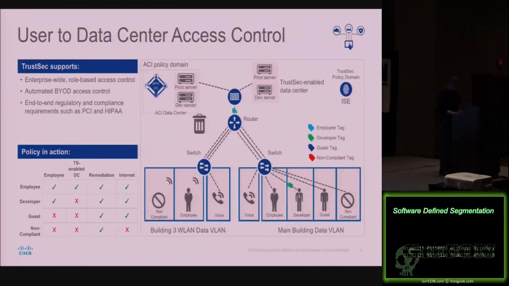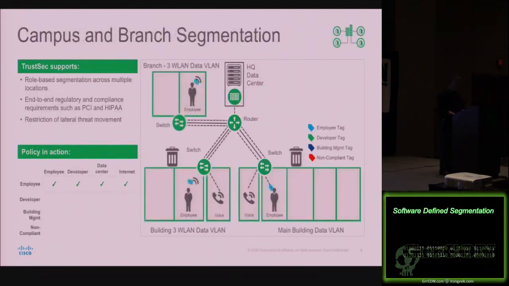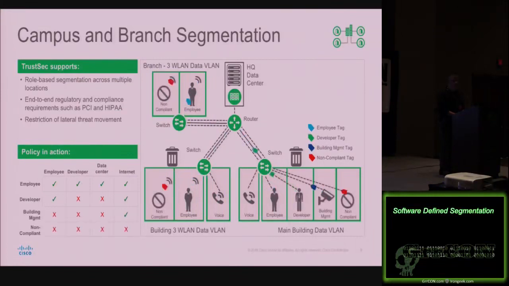So one of the nice things, when we get into the campus branch and segmentation piece, is that as we add additional sites, we don't have to modify ACLs around the environment. Also, a tag follows a user, right?